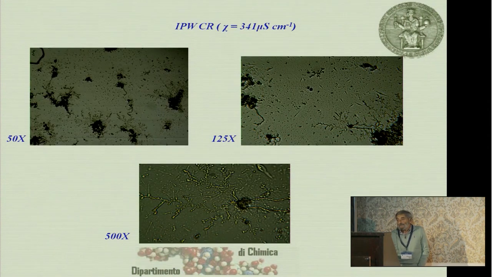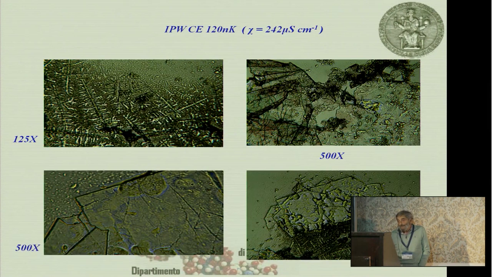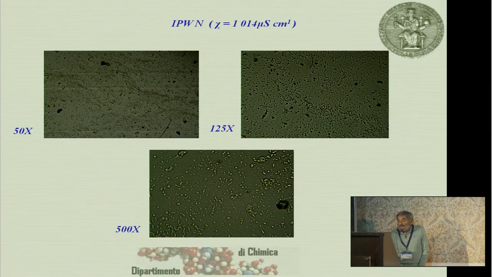This one using carbon as perturbing polymer. Very different, but all have a fractal nature. This was by cellophane, a derivative of cellulose. And this was using Nafion.